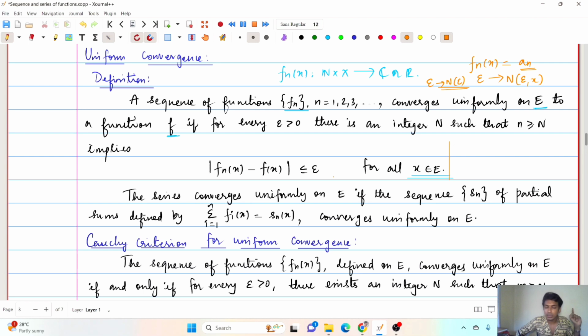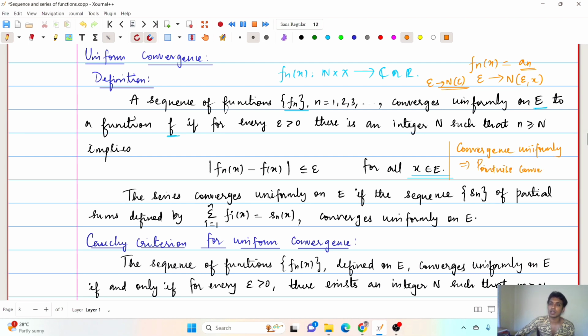Basically, uniform convergence is a global property, just like uniform continuity, and pointwise convergence is a local property, just like continuity at a point. From this we observe that uniform convergence implies pointwise convergence.